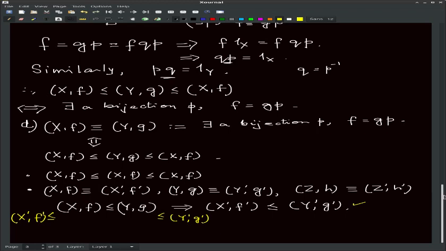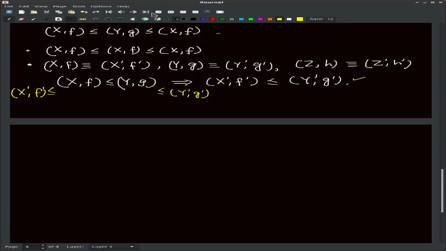So the crux of the matter is that this relation automatically then turns out to be an equivalence relation. Why?